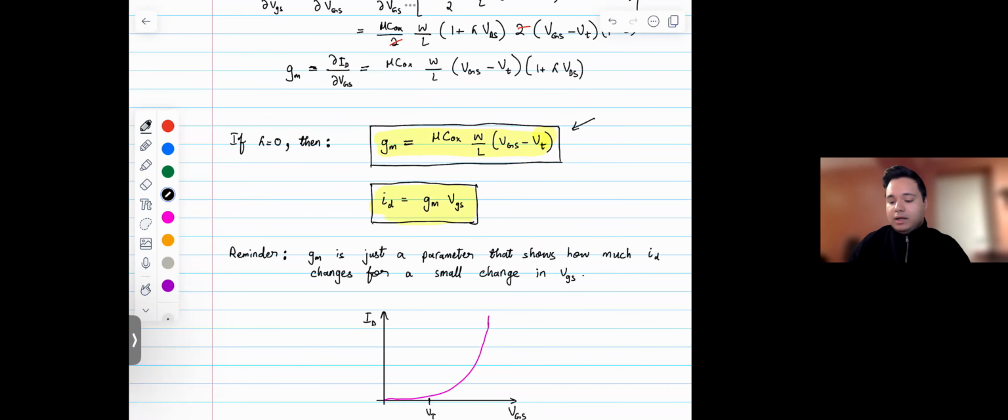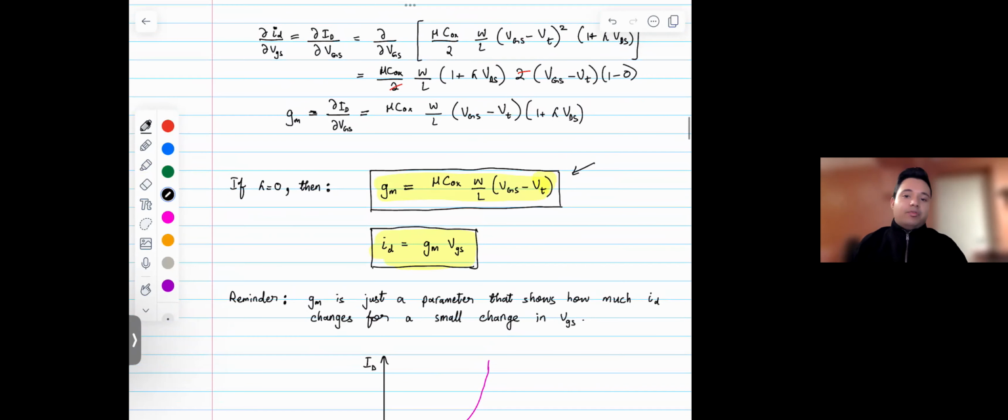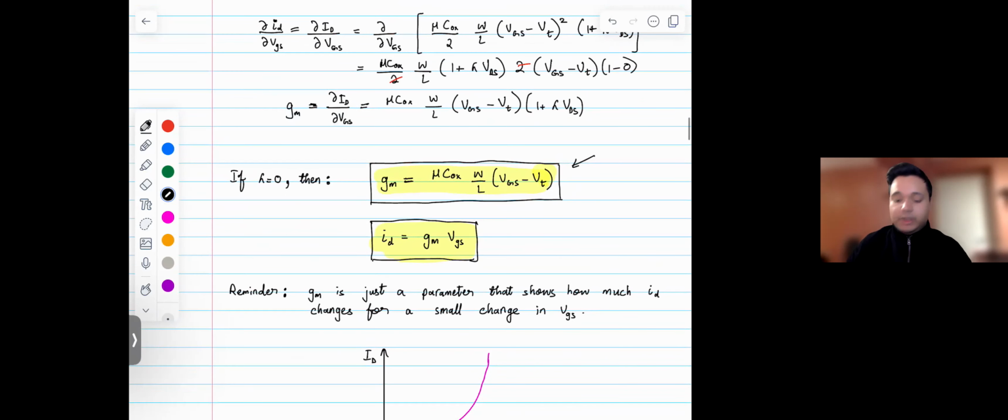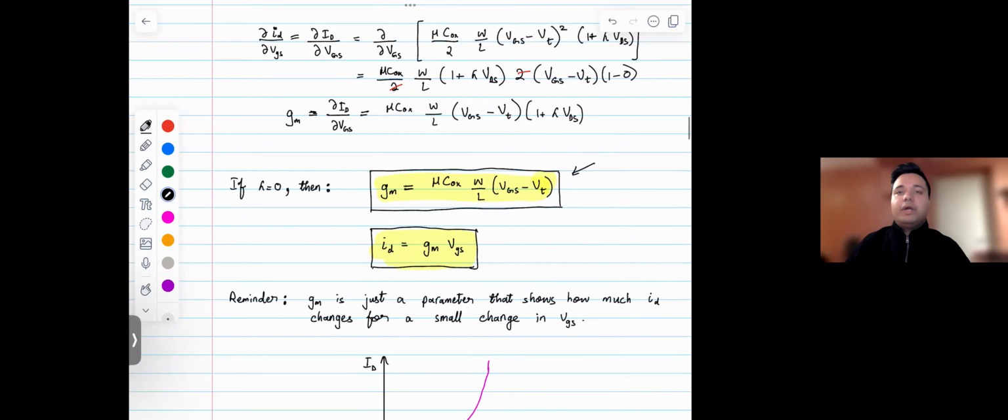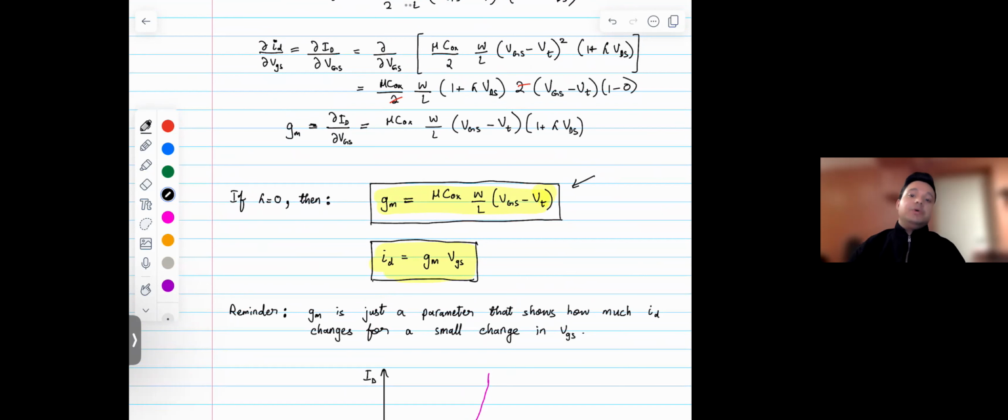As long as you know that GM is a transconductance, and it's basically how much ID changes with respect to a small signal change in VGS, you could just take the derivative of the saturation equation, and you would arrive at this same expression for GM, just like I did right now. So you don't have to memorize it as long as you understand what the transconductance is and what it means.